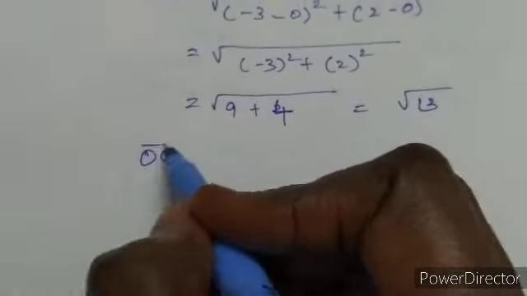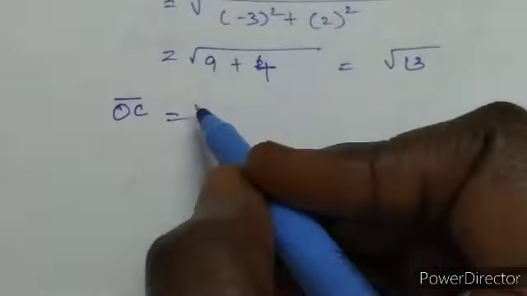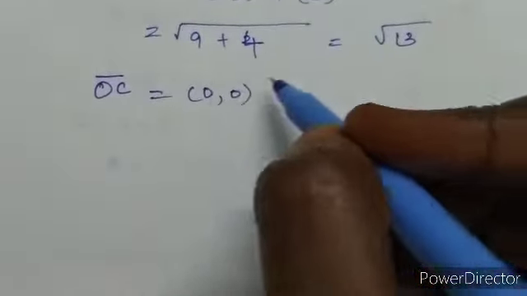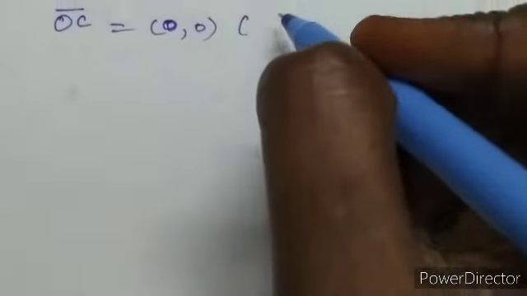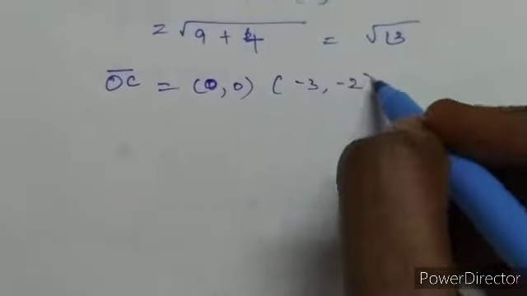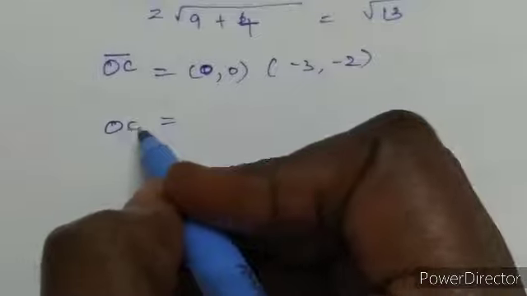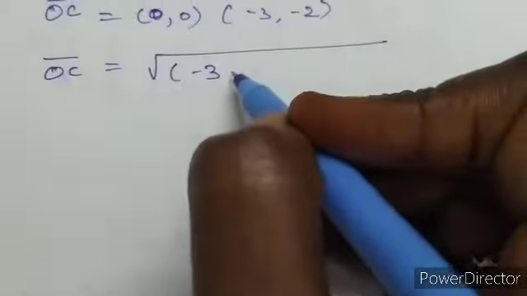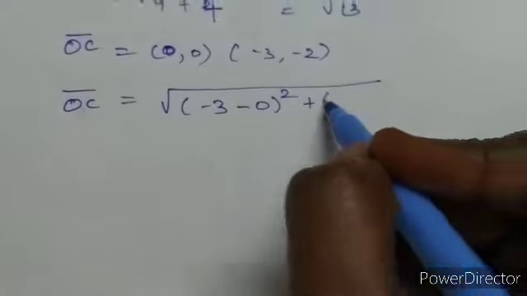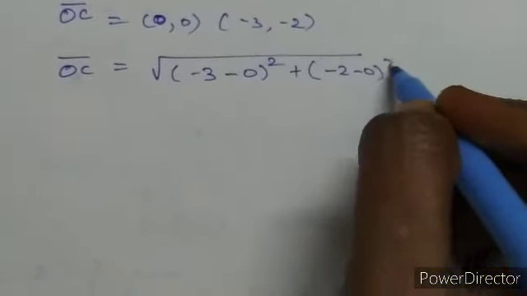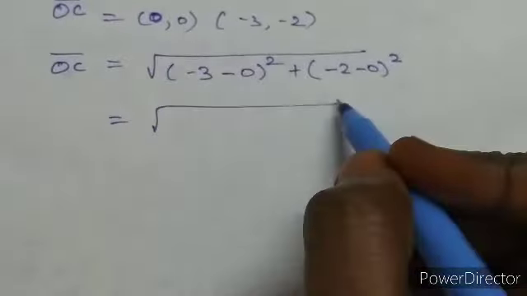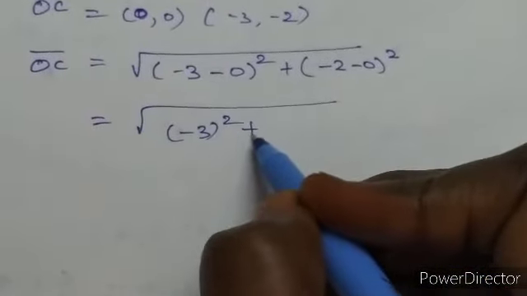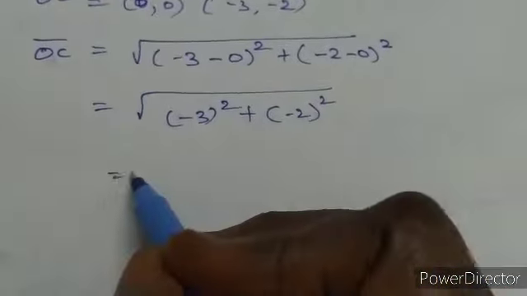Let's try OC, the line OC, that is 0, 0 and -3, -2. I'm going to substitute this in the distance formula. So -3 minus 0 whole square plus -2 minus 0 whole square. So now same, -3 whole square plus -2 whole square. So that equal to 9 plus 4 equal to root 13.